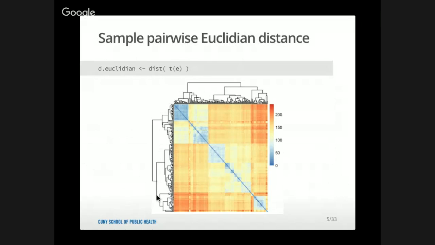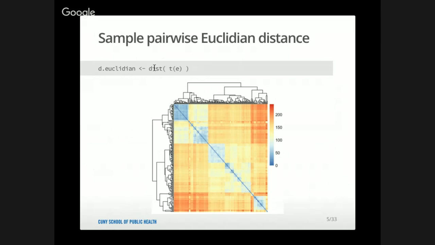So in the last class, we calculated distances on these samples, using this dist function to calculate Euclidean distances. And just to give you a bit of a preview on motivation for clustering, here is a heat map where I'm plotting these Euclidean distances.